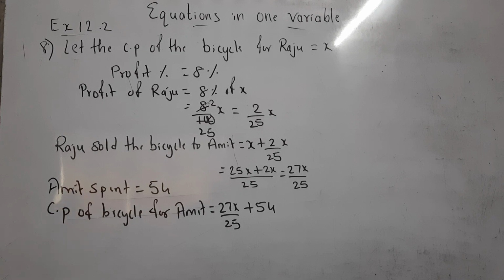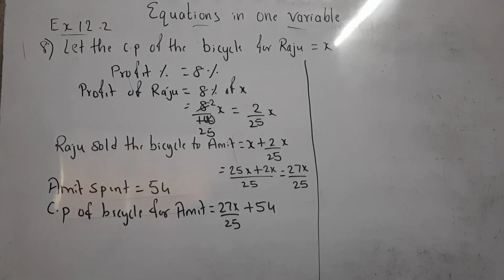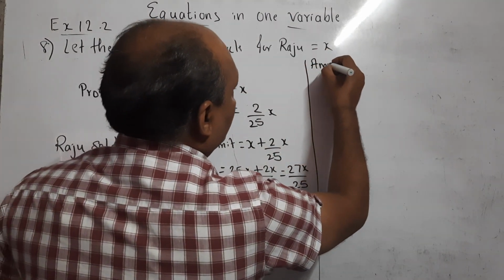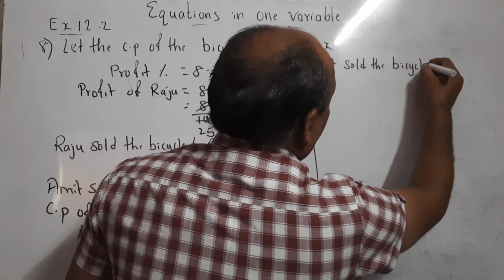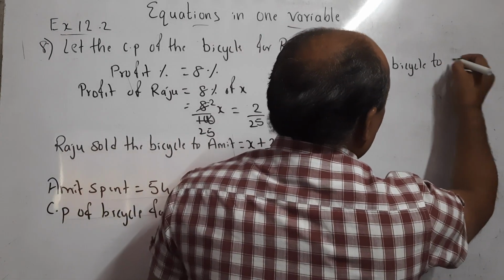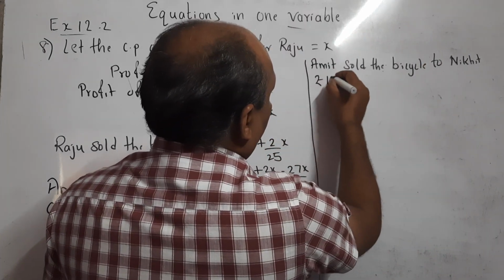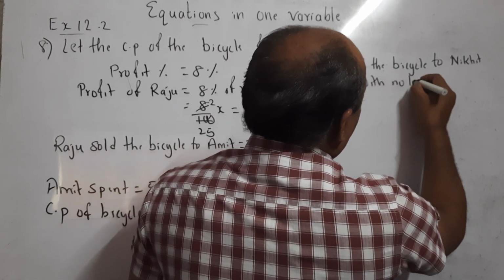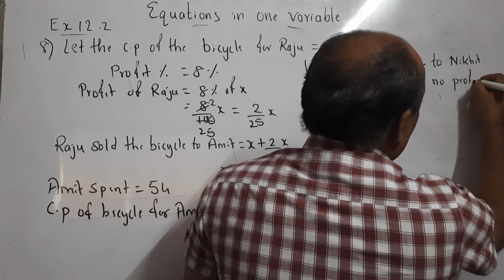Now अमित ने किसको बेचा? अमित ने निखिल को बेचा. किसको बेचा? अमित ने निखिल को. That means Amit sold the bicycle to Nikhil for rupees 1134 with no loss, no profit.